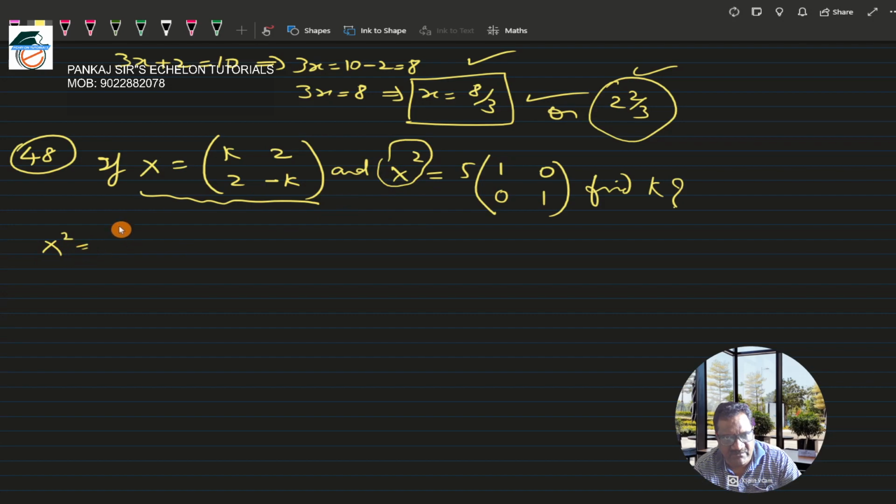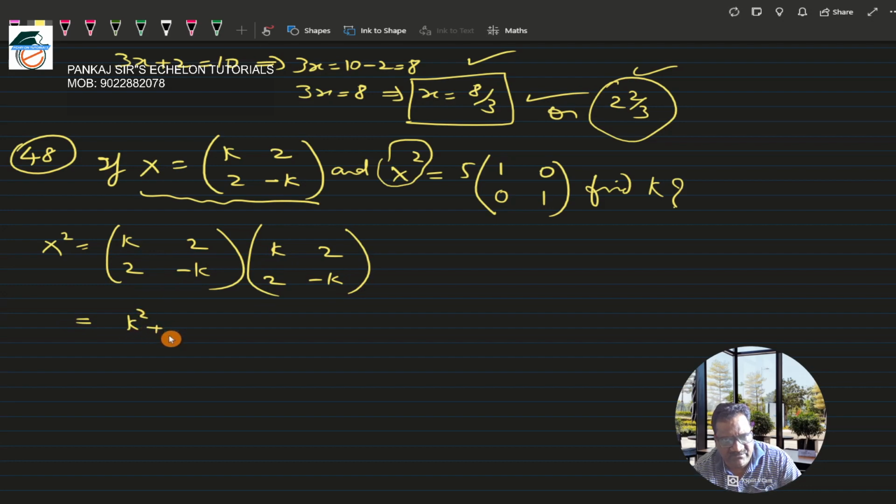X square will be equal to [k 2; 2 -k] times another X, that is [k 2; 2 -k]. Now this should work out to: first row, first column will be k square plus 4. First row, second column will be 2k minus 2k.